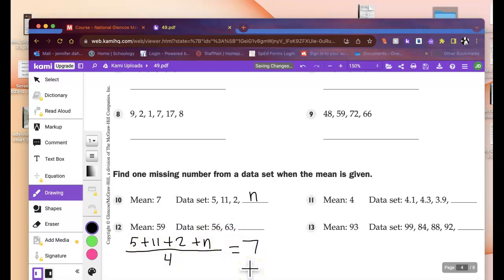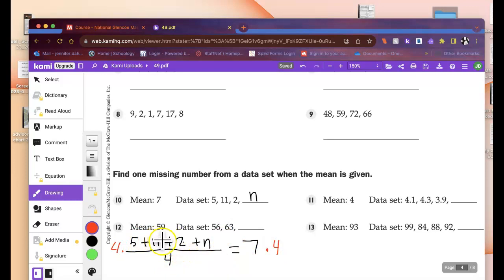So even though you're doing it the same way, instead of divide, I am going to multiply. Just like you would in algebra, you multiply both sides by 4. So I have 5 plus 11 plus 2.